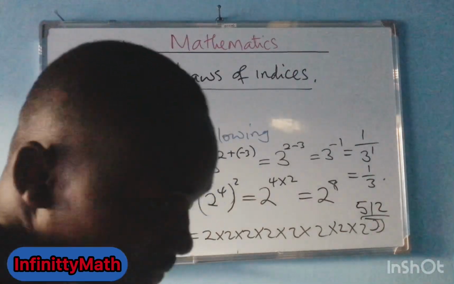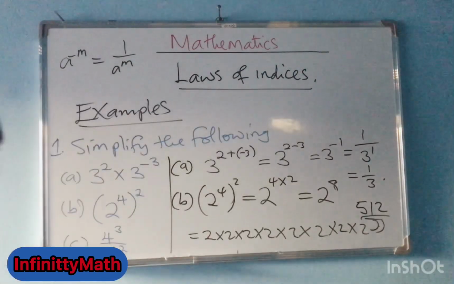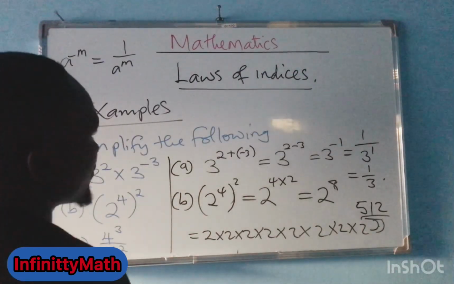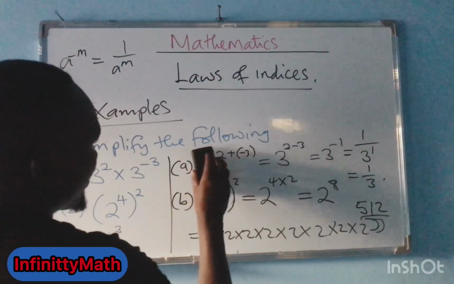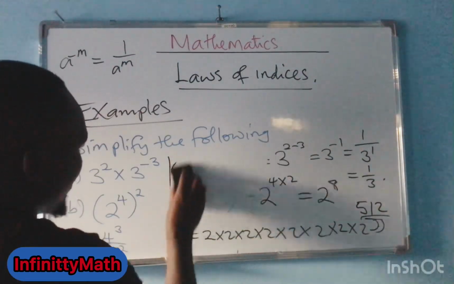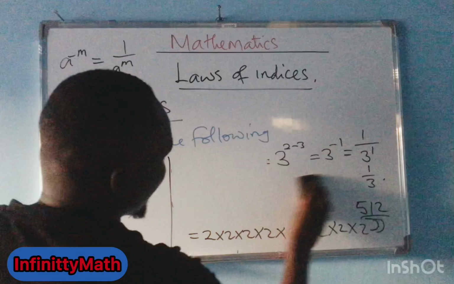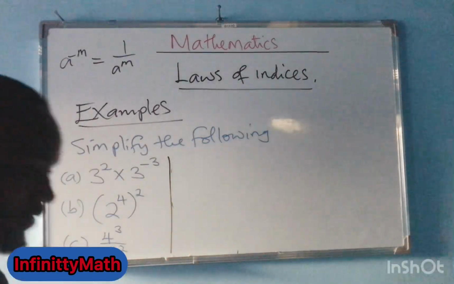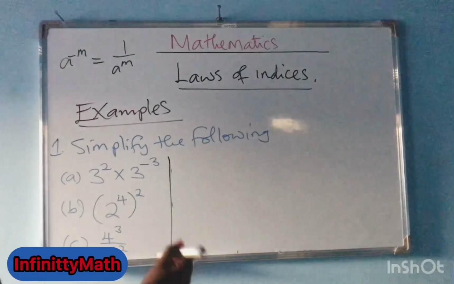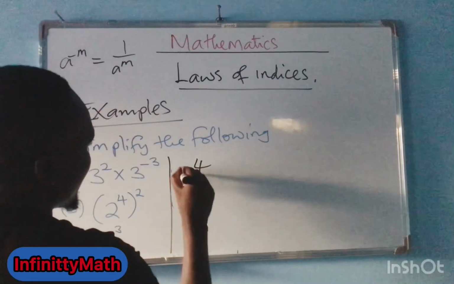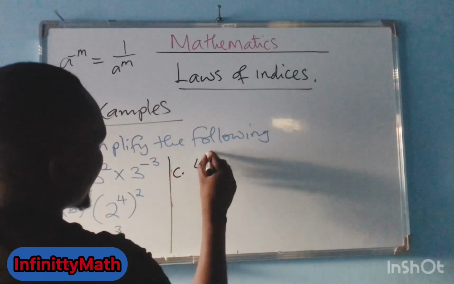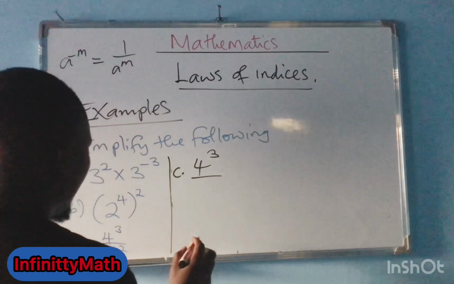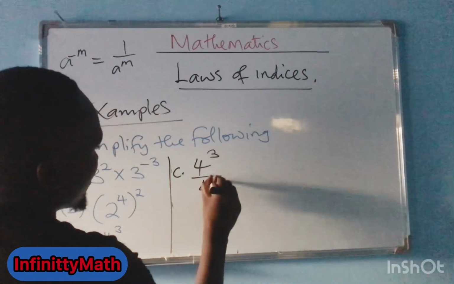Now with that said, we can also try to solve the last part. I'll solve it from the upper part. I can even wrap everything so that we can solve the last one. So how do we go about solving the last one? This is part C. We have 4 raised to the exponent 3 over 4 raised to the exponent 2.